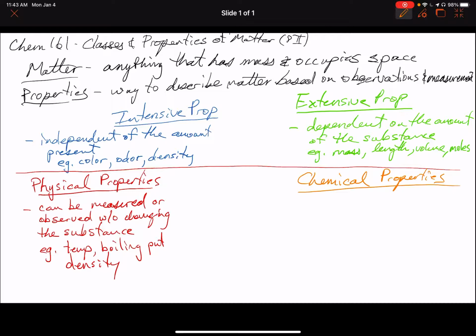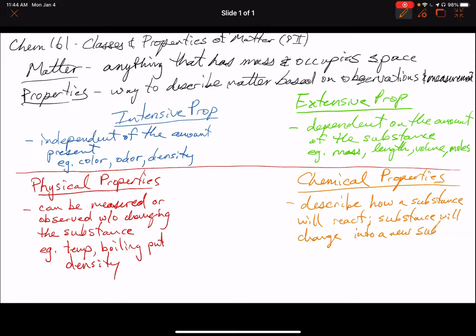So this describes how a substance will react and the substance will change into a new substance from this chemical property.